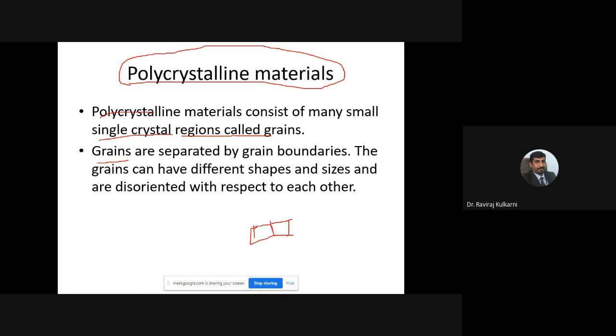They are separated by grain boundaries. Grains have different shapes and sizes, and are disoriented with respect to each other. These are called polycrystalline materials, usually called powder, polycrystalline powder crystals.